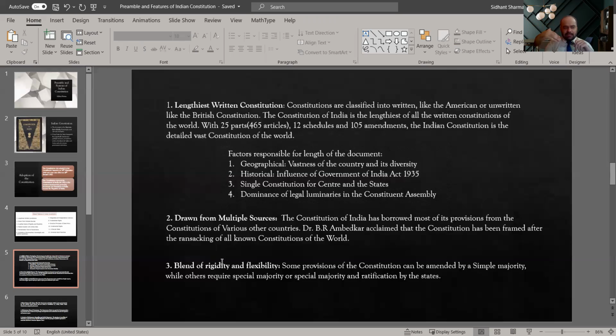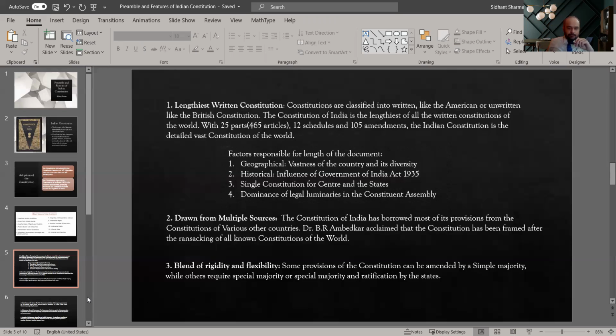There are certain categories of majority that we will be studying, such as what is simple majority, what is special majority, and what is special majority with ratification of states. These have to be studied in detail because these are crucial details that have to be remembered while going for exams.